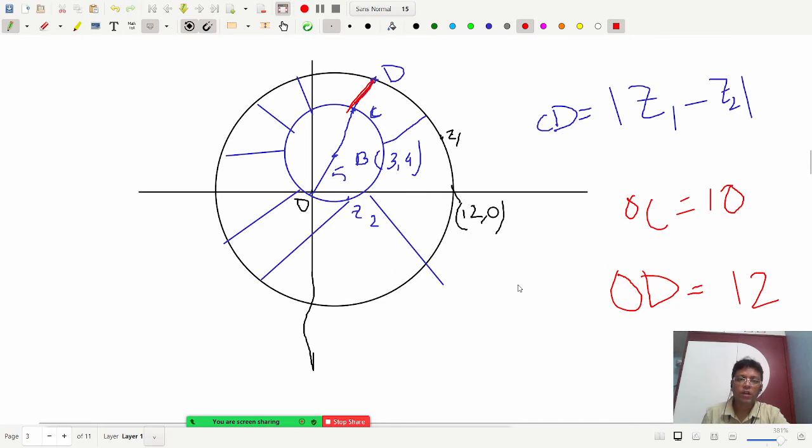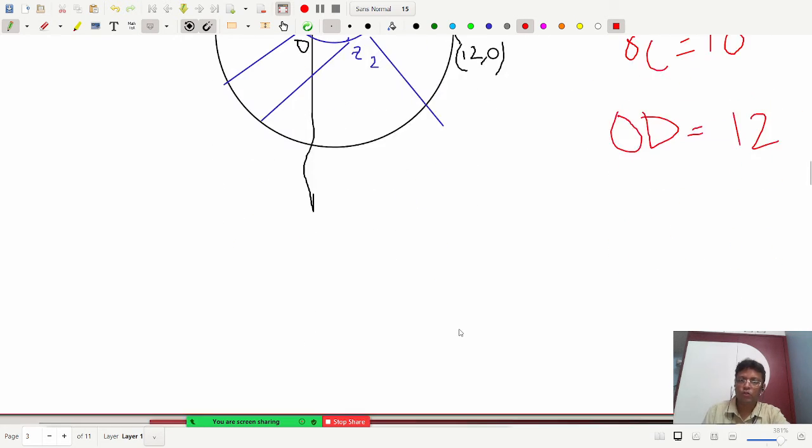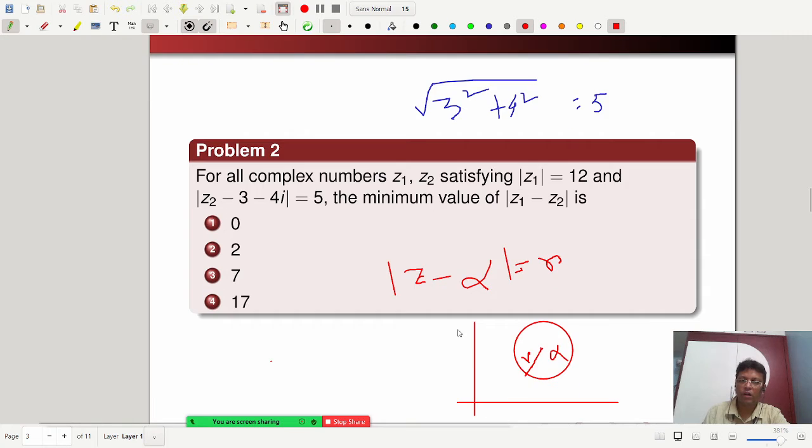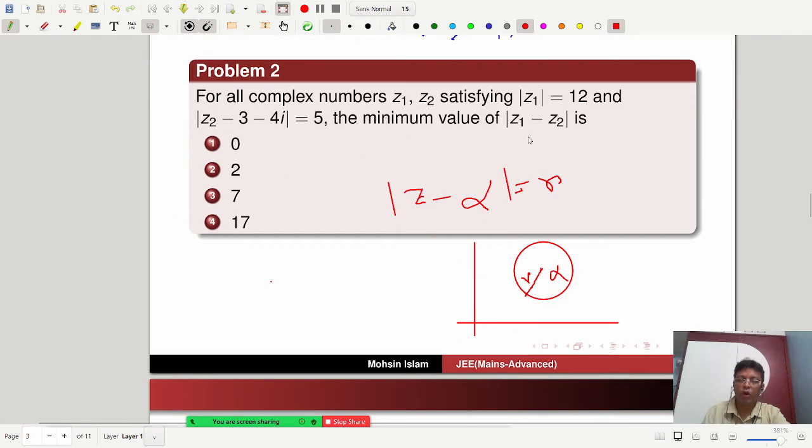So your CD is nothing but 12 minus 10, that is 2. So the minimum value of modulus of Z1 minus Z2 is 2. That is, diagrammatically we can solve. So your answer is 2. Okay, everybody? So we have solved it geometrically.